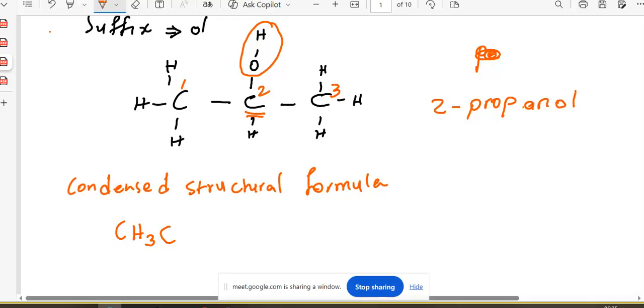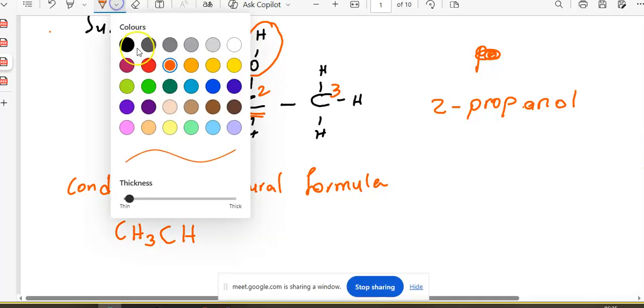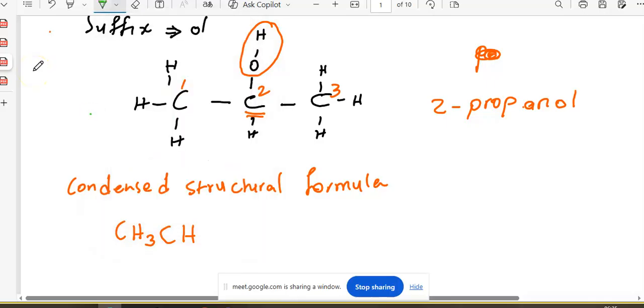So if it's the one that contains the OH, you're going to write it like this, C, CH. Don't say CH2, no, that's going to be wrong. It's going to be the CH, which is this part here. This is our CH.